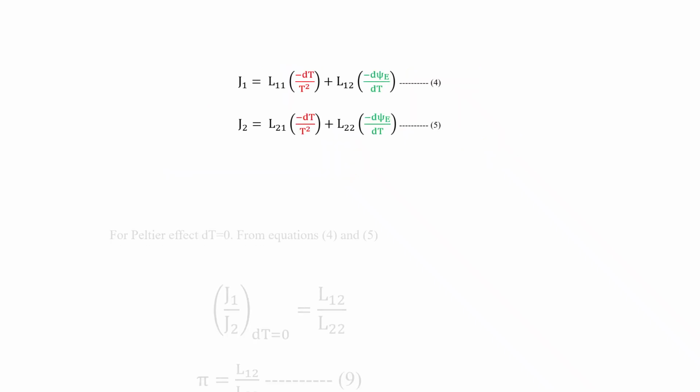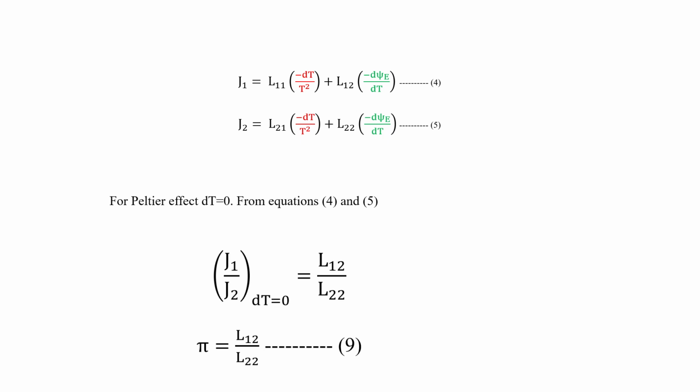So here we already know the J1 value and J2 value, which we have derived in the previous slides. For the Peltier effect, dT will be equal to 0. For the Peltier effect there will be no change in temperature. So obviously in equations 4 and 5, the dT and dT by T square terms will become 0.